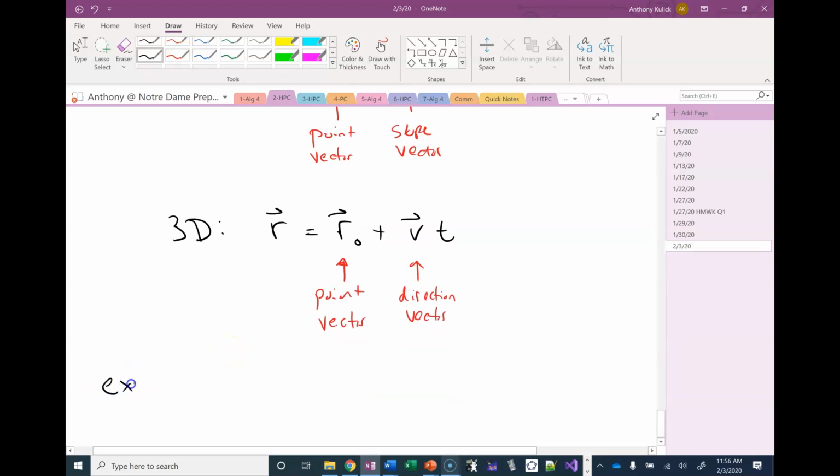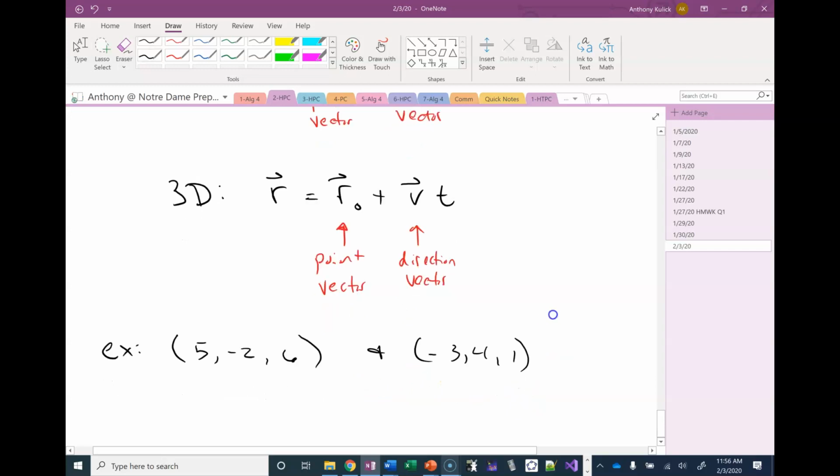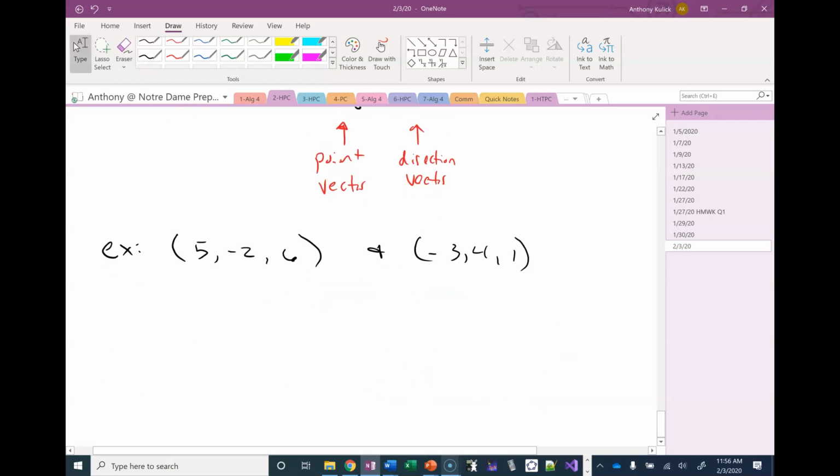So let's look at an example here of what we mean. Let's say we are given the points 5, -2, 6, and -3, 4, 1. And we want to write the vector equation of a line through these 2 points. Maybe I should say a possible vector equation, because just like for 2 dimensions, there's lots of possible answers, right?